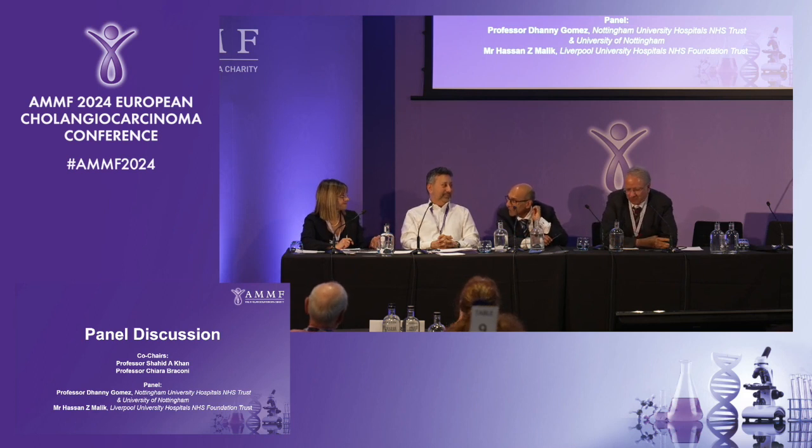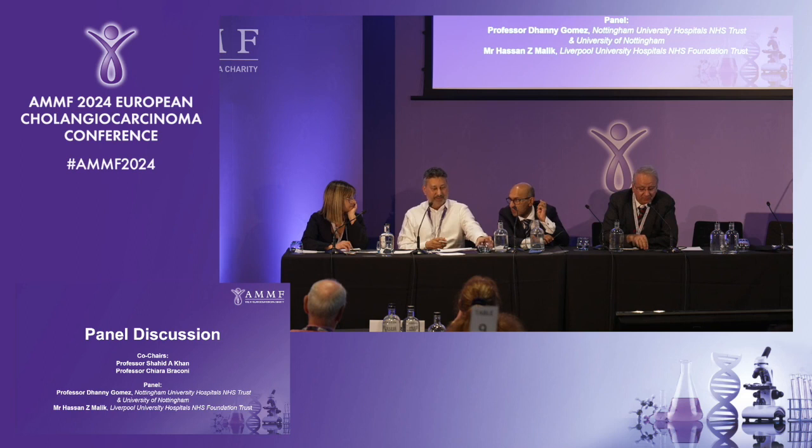I'll just tell you from the CAPBIL data, the ones that had higher morbidity and mortality are the ones who had any vascular resection. So if they had venous resection or arterial resection, that led to higher morbidity and mortality.